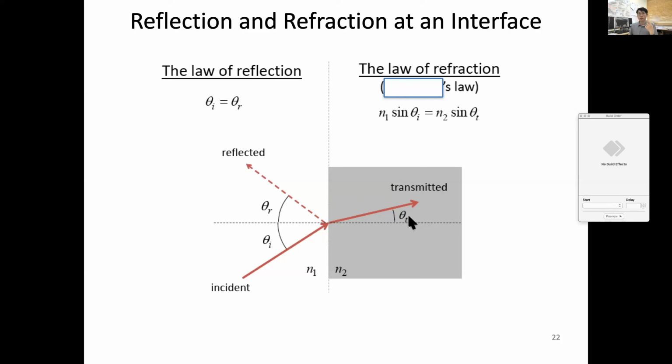This phenomenon is refraction, and that relationship can be easily computed by calculating the change in the speed of light with respect to different refractive index. It turns out that n times sine theta has to be conserved. This is the famous law of refraction, the so-called Snell's law.